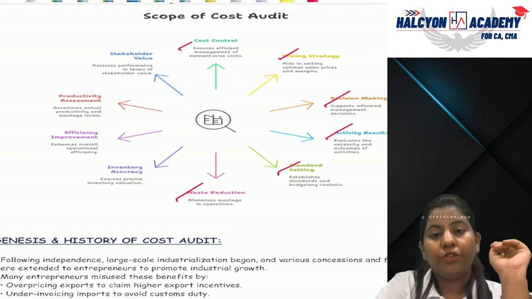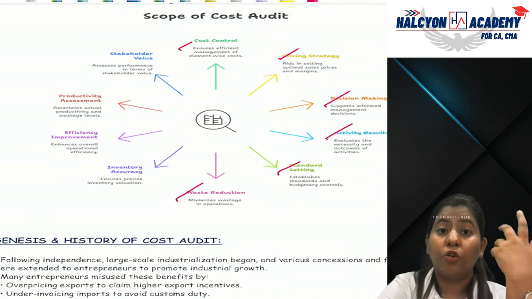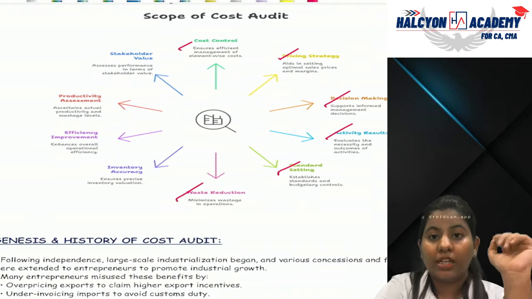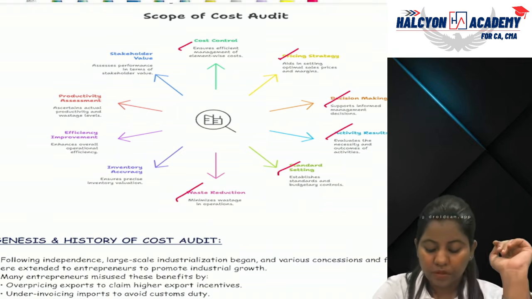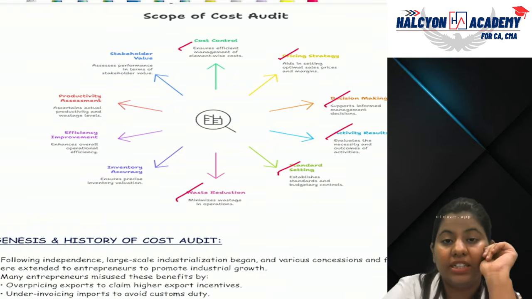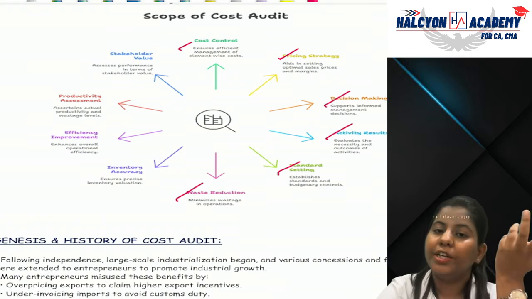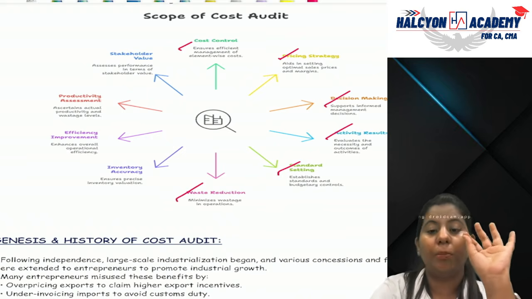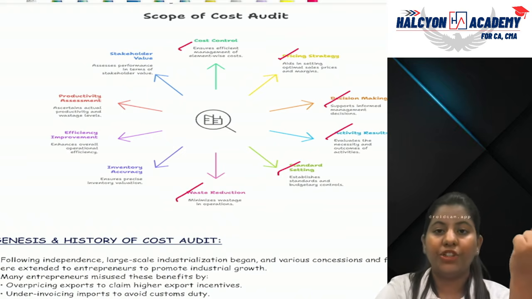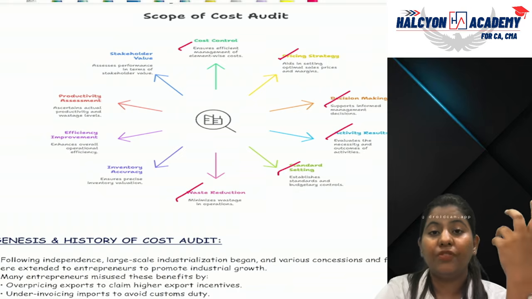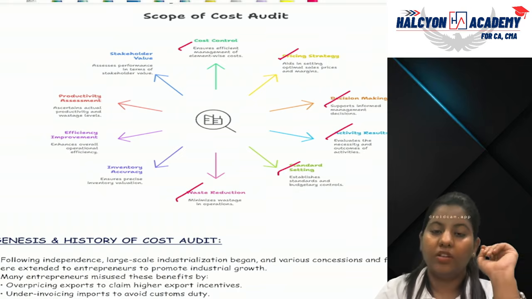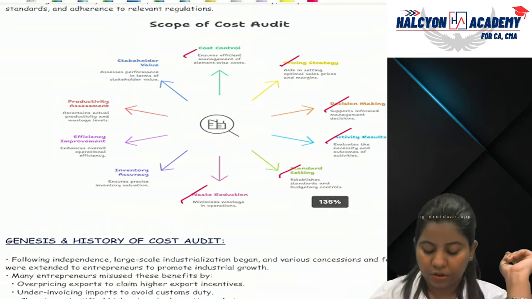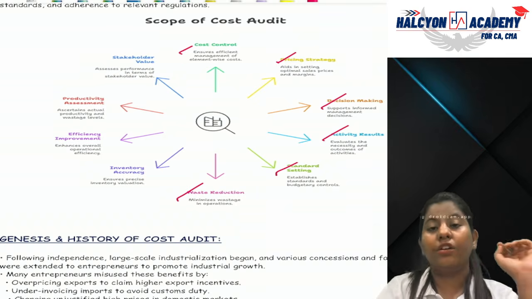Wastage is not only for raw material. Wastage is also for time, for concentration, skills of the labor, everything. So we would cut down that activity, and the waste would be reduced. So the cost audit minimizes wastage in operations. When we spot the inefficiencies, the areas where there is waste, we cut those down, and the wastage is reduced.